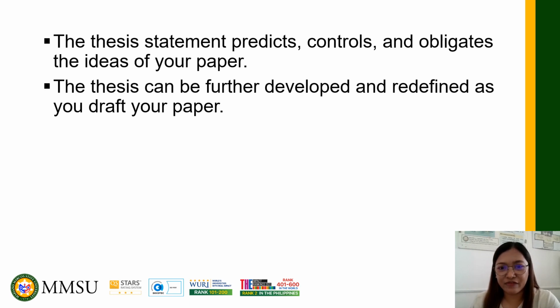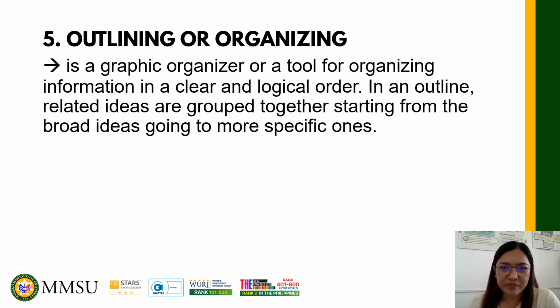And the thesis can be further developed and redefined as you draft your paper. The fifth step is outlining or organizing. This is a graphic organizer or a tool for organizing information in a clear and logical order. In an outline, related ideas are grouped together, starting from the broad ideas going to more specific ideas.